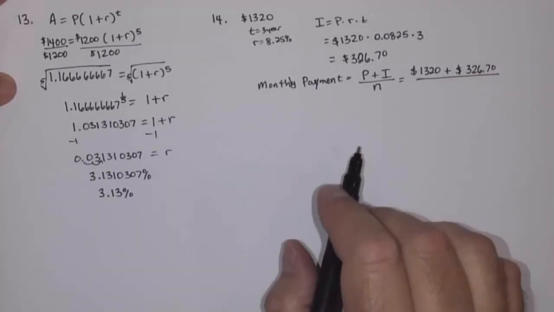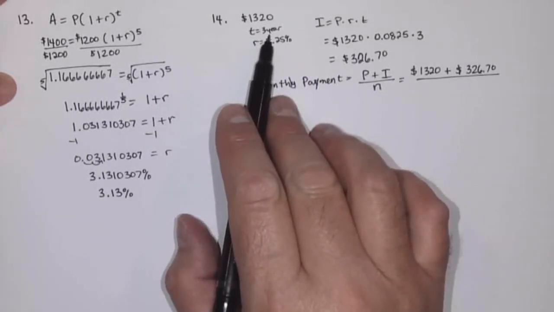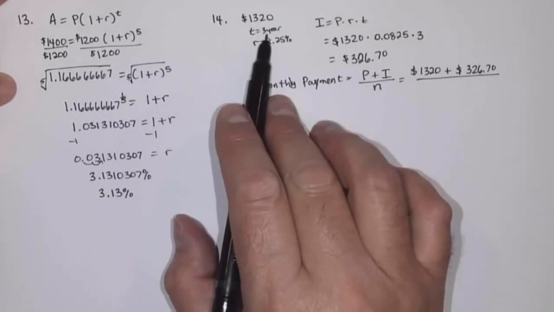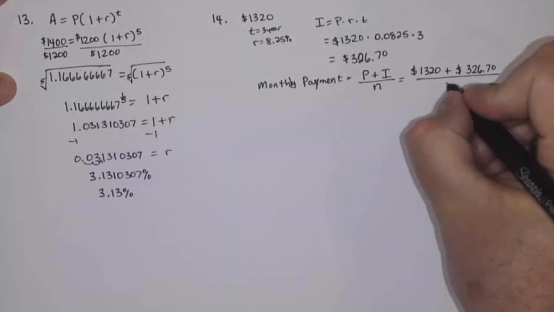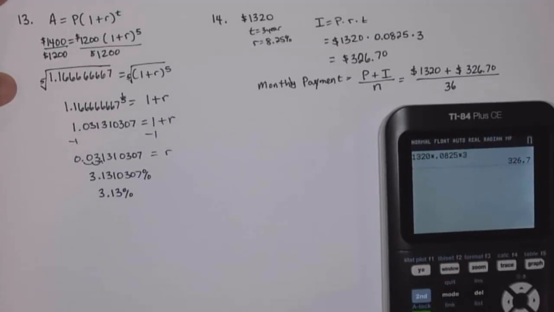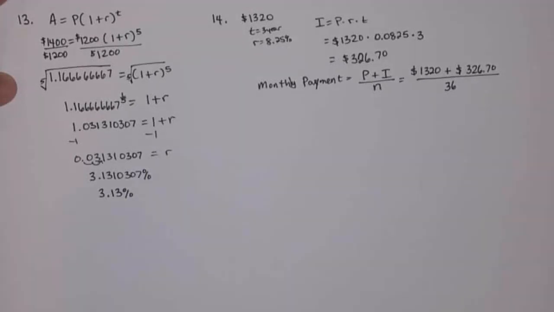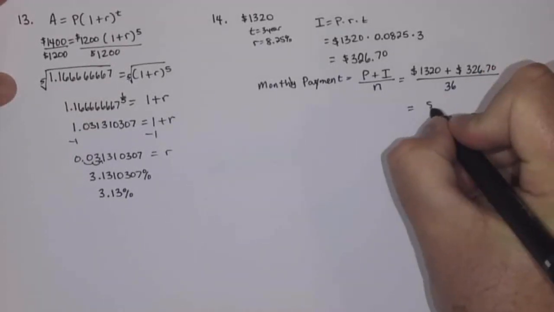And the number of payments that he's going to have to make, well, he's got a 3-year loan and he's going to make a monthly payment. So 3 years at 12 months per year is going to be 36 different payments. So if we take the $1,320 plus $326.70, that is $1,646.70.